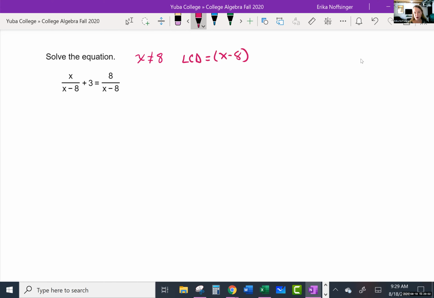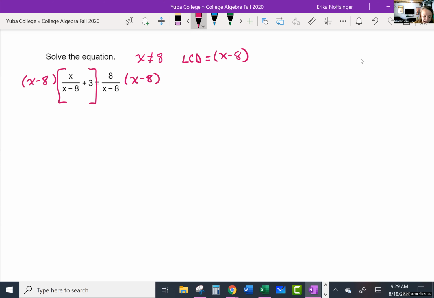Since it's an equation, whatever we do to one side, we do to the other, and it remains equivalent. So I'm going to multiply x minus 8 on the left-hand side of my equation. But you have to multiply every single grouping by that x minus 8. And then I'm also going to multiply x minus 8 on the right-hand side of that equation.